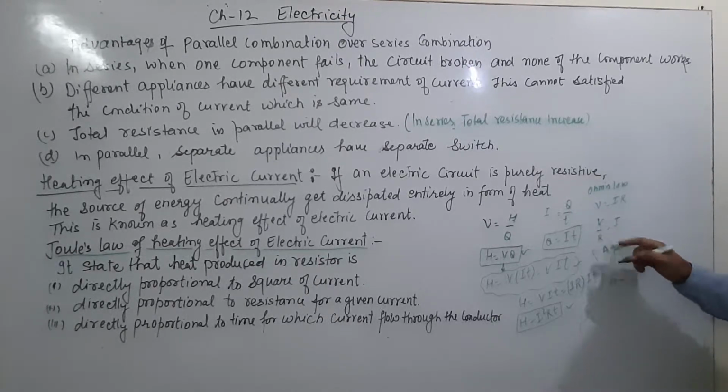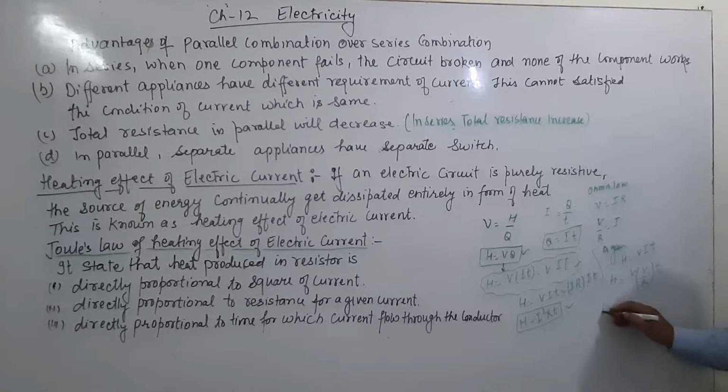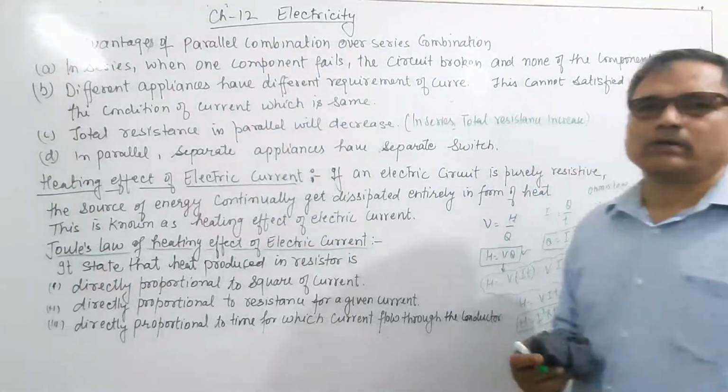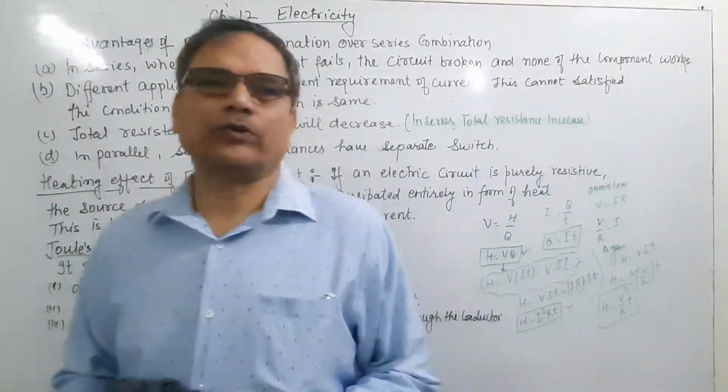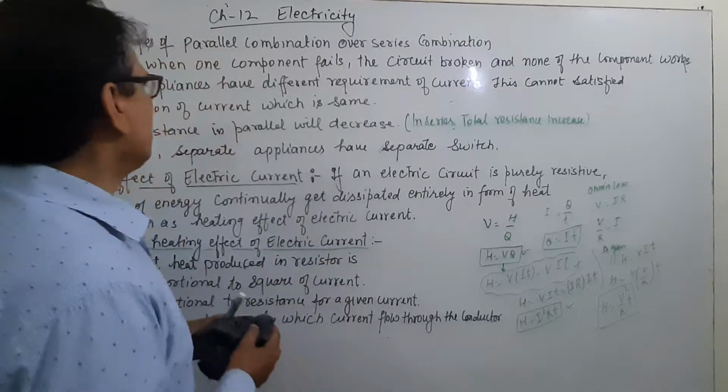V upon R. So H is equal to V into V upon R into T, that is V square upon R into T. This is the fourth equation to calculate the amount of heat.